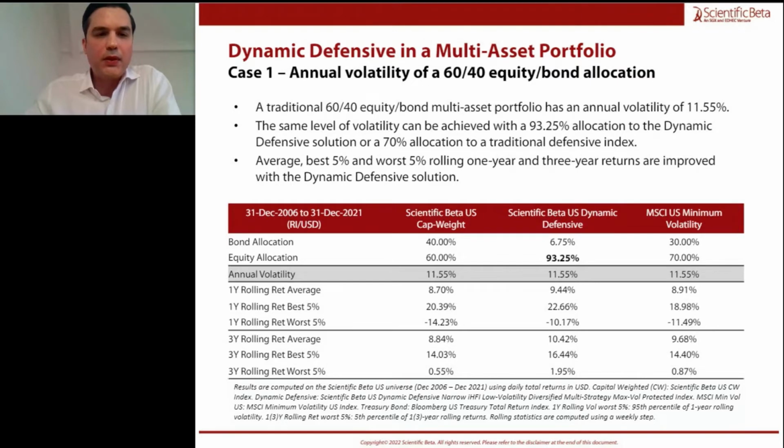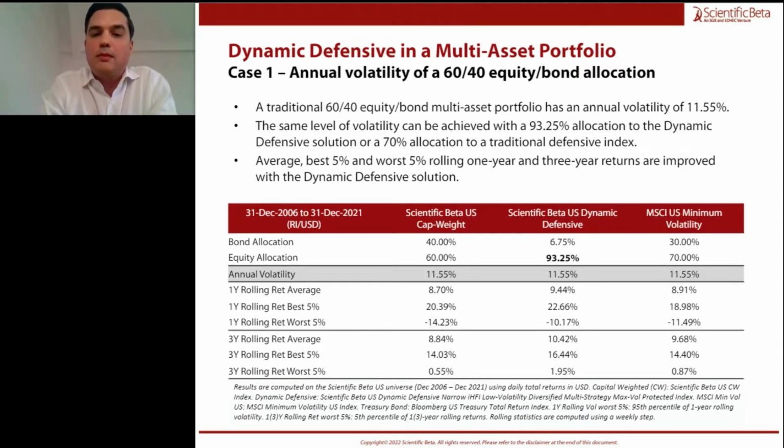Starting with the case study 1, here what happens is that if you see the first column under the name Scientific Beta US cap weight, here we have the traditional 60-40 equity bond allocation. And this allocation gives you an annual volatility of about 11.5% over the long term. Now, what happens to the allocation between bond and equity if you keep the volatility the same and you use defensive strategies?